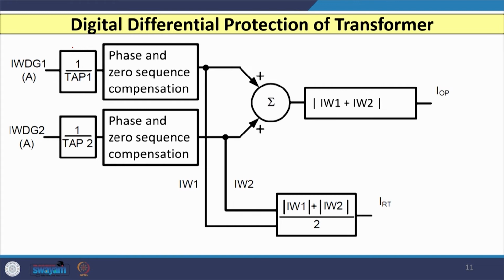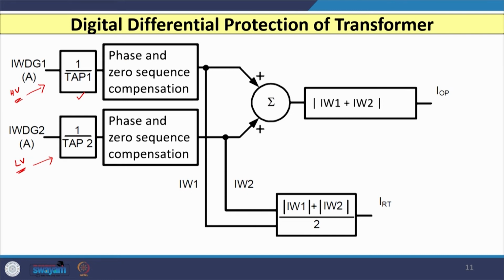Here, let us consider 2 windings, one is your HV winding and another is your LV winding. Assume that whenever I say HV winding, 3 phase currents or 3 phase quantities are there. Similarly, for the LV winding also 3 phase currents are there. The first block is your magnitude compensation using the tap equation, maybe on one winding side.